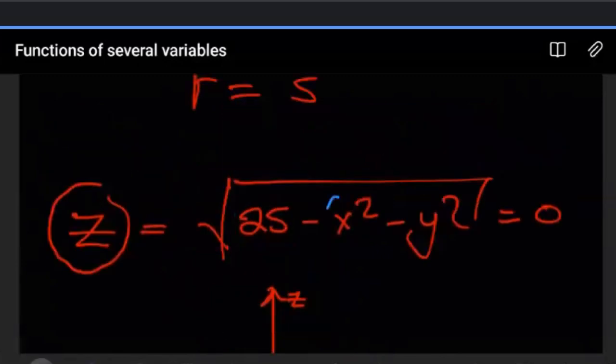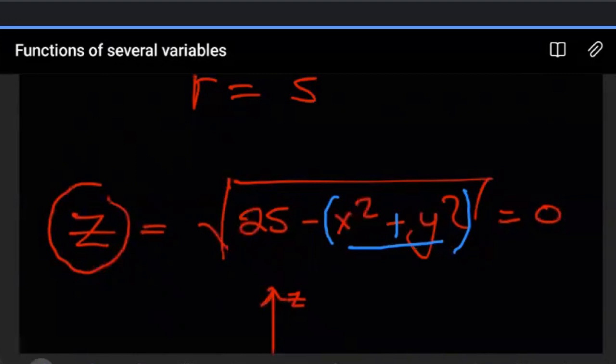If I factored out the negative, I would have x squared plus y squared like that. So if I was to increase this sum so that maybe it gives me something greater than 25, then you have 25 minus whatever that sum is, which will give you a negative term under the square root, which you do not want.